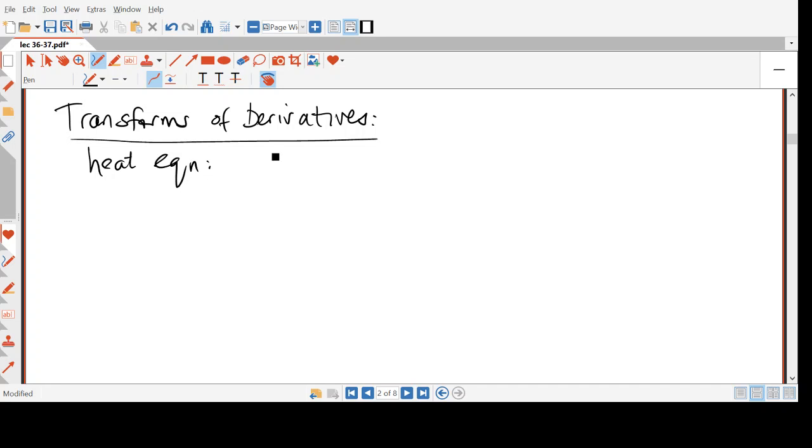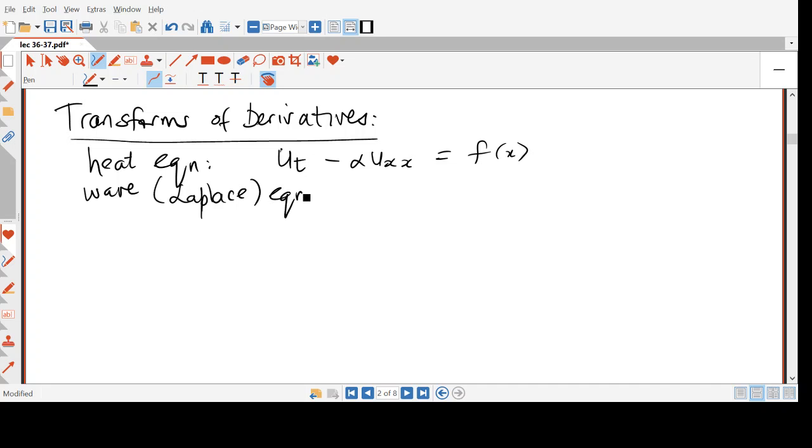You may recall that it has the shape u t minus alpha u xx equal to, say, some function f of x. It could be 0, but in this case, we'll take f of x. You'll see why that is important later on. The wave equation, or Laplace's equation, if you like, has u xx plus u yy equals naught.